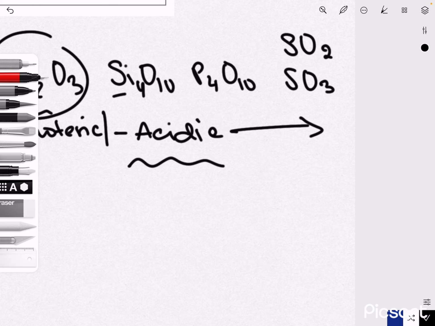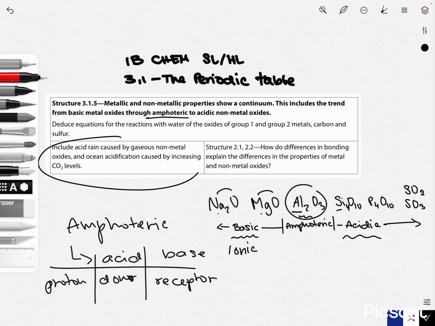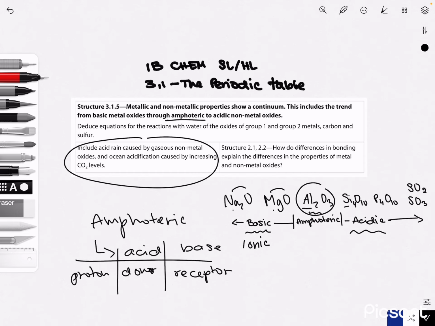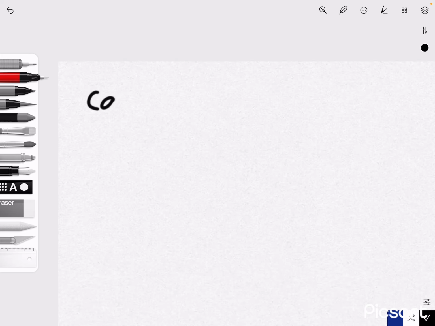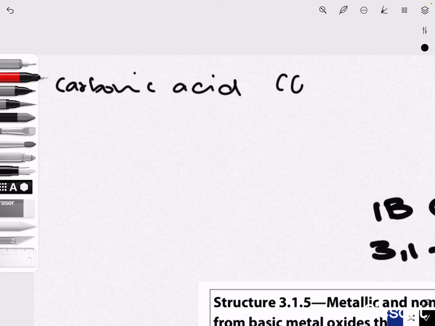And in terms of acid deposition and this link over here, ocean acidification caused by increasing CO2 levels. So, carbonic acid, which is just the fancy way of referring to CO2, naturally occurring, is ever so slightly acidic.